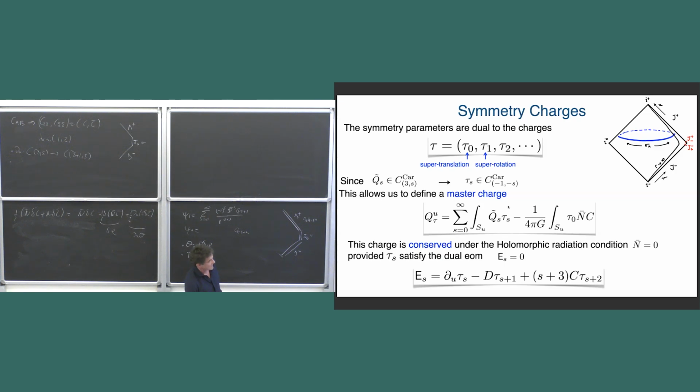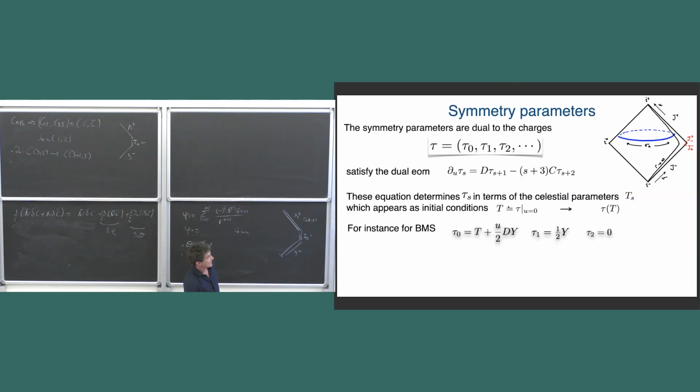And I'm going to maybe explicitly write down what these charges are. So now we have this parameter that satisfies these dual equations of motion. If you want to express the charges, let's say you look at the charge at a given cut. If there's no radiation, these charges are conserved, so it doesn't matter where you evaluate them. And if you evaluate them at a given cut, you define this parameter.